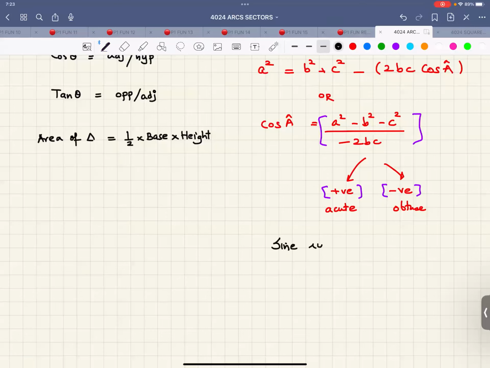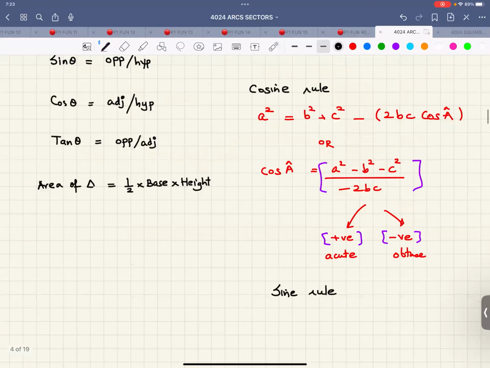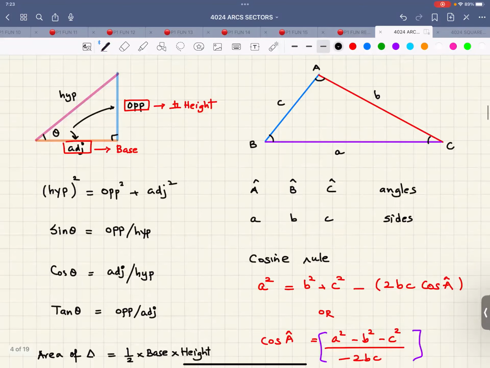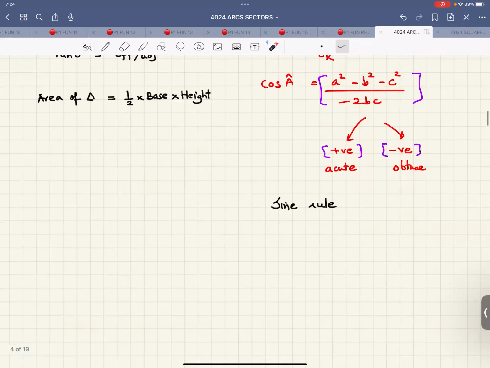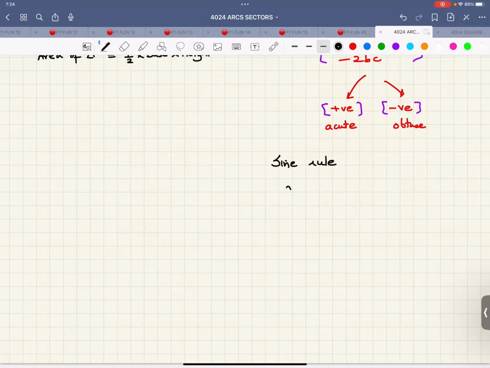What about sine rule? If I talk about sine rule, that is the relation between any side and its opposite angle. Any side and its opposite angle. So therefore, sine rule can be written as a over sine of A, b over sine of B, c over sine of C. Some people prefer to write it the other way around.